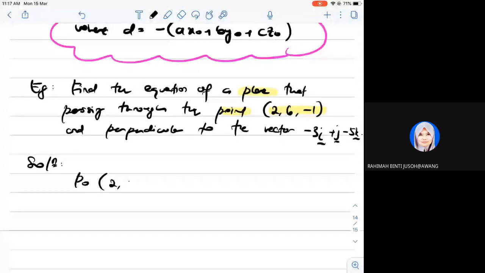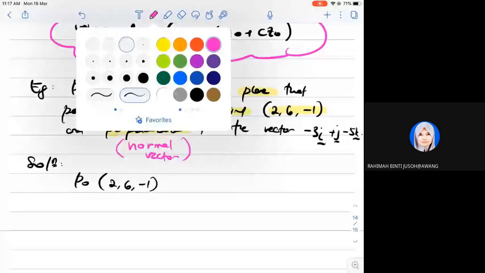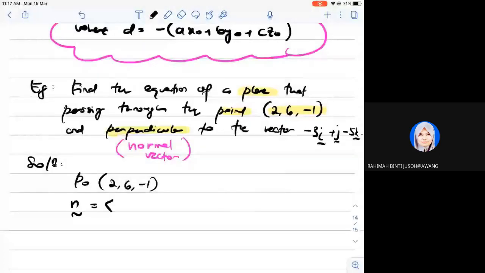The keyword here is perpendicular, which means the normal vector. So we will have n, which is -3, 1 and -5.